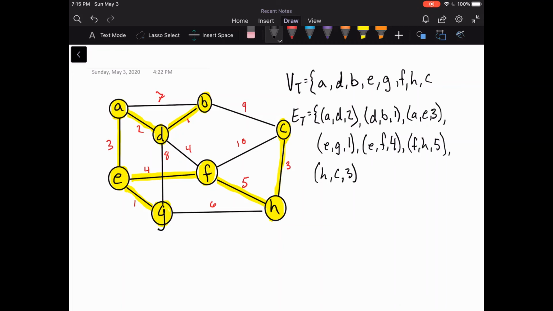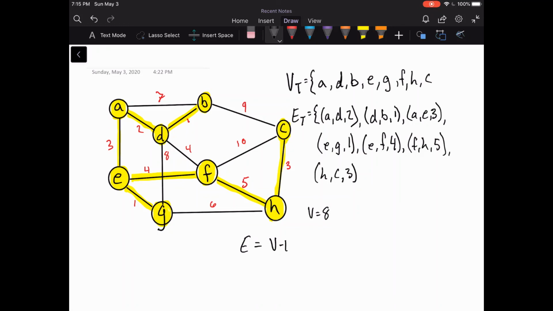Now, when we finish the algorithm, a way we can check to see if we have in fact completed all of it is we look at our solution set. Our solution set should contain edges equal to the number of vertices minus 1. So in our case, we have 1, 2, 3, 4, 5, 6, 7, 8 vertices. So just to write that out, V equals 8, our number of vertices. And we look at our solution set.